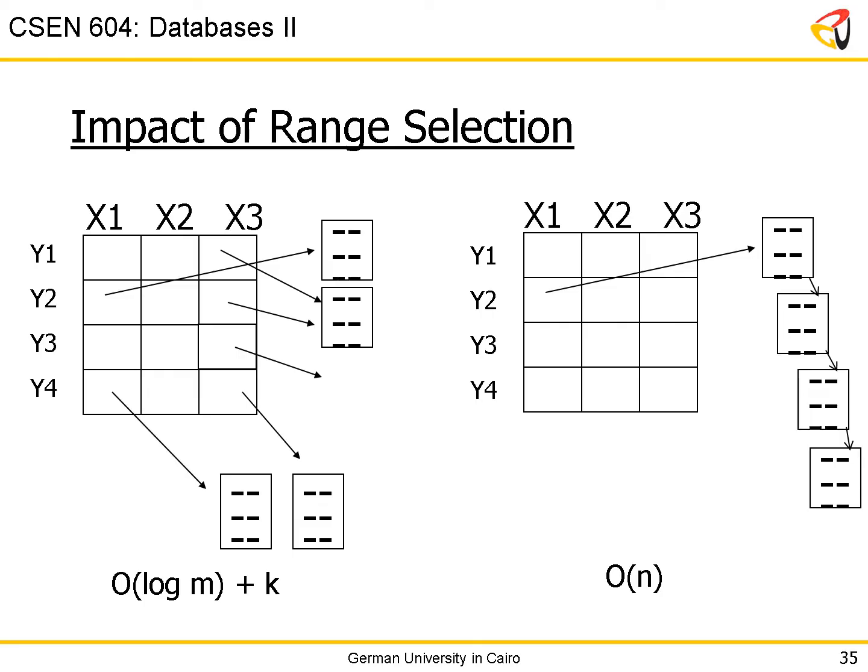So you have a nice distribution of all the values over all the buckets, and consequently you will get the log m plus k that we were discussing.